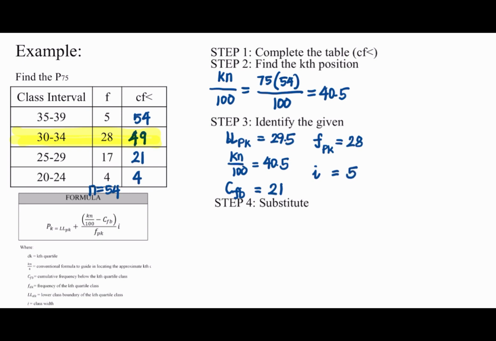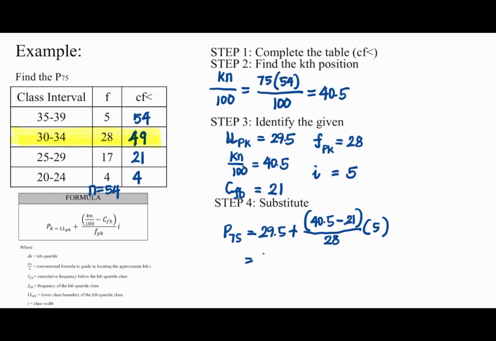Let's substitute it to the given formula. That is P sub 75 is equal to LL of P sub k, 29.5, plus Kn over 100, which is 40.5, minus C sub FB, which is 21, divided by F sub Pk, which is 28, times 5, which is the class size.